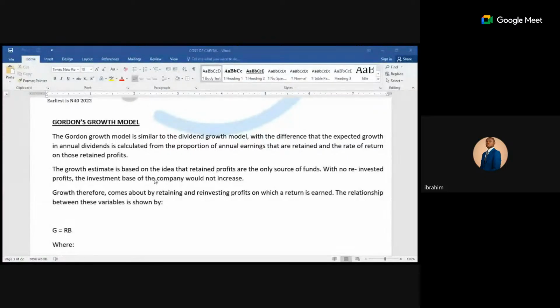Cost of capital is the financial foundation of financial management, because there's nothing we will talk about as we move from this stage to another that will not mention cost of capital. I'll share the material tonight for those who have made their payment.